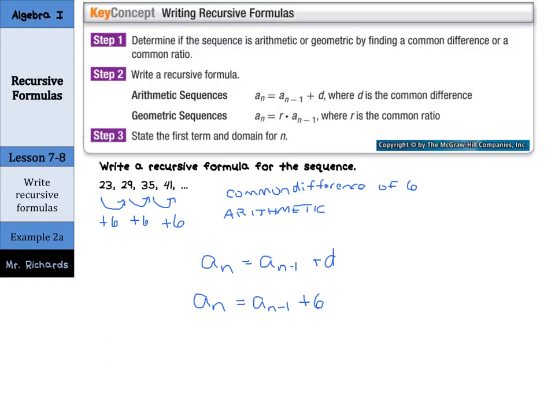So we're going to say our first term, a(1), is going to equal 23, and then we can write a comma and write the formula we just came up with, a(n) equals a(n minus 1) plus 6, as long as n is greater than or equal to 2.